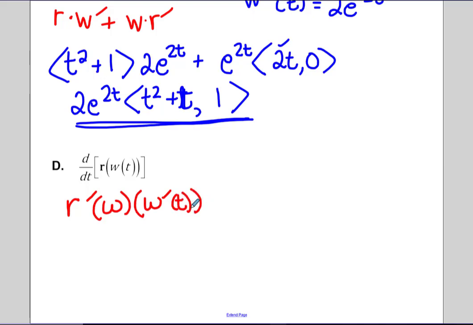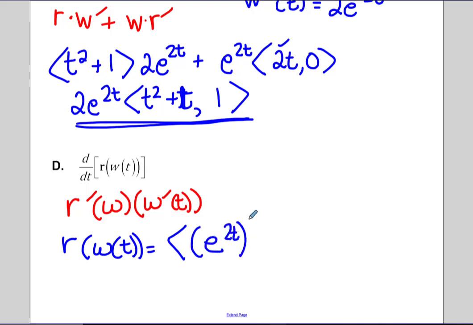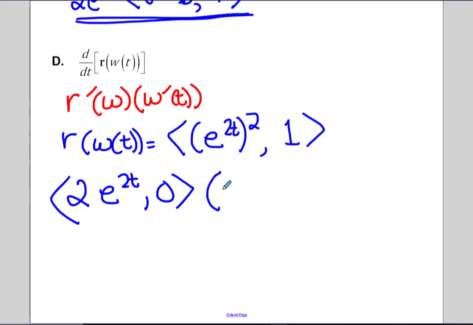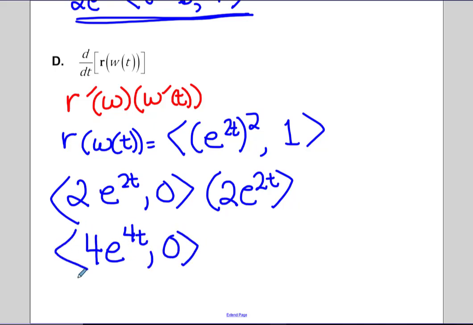So r of w of t is e to the 2t squared, 1, and then 2e to the 2t, 0, times 2e to the 2t. So we have 4e to the 4t and 0 for our chain rule of r of w of t.